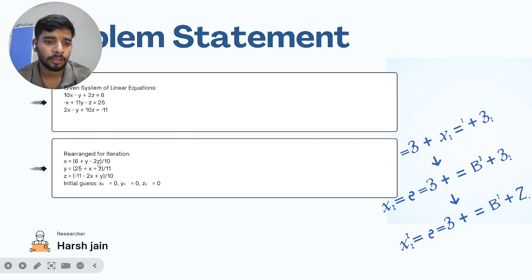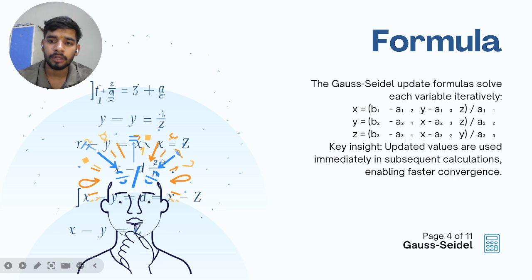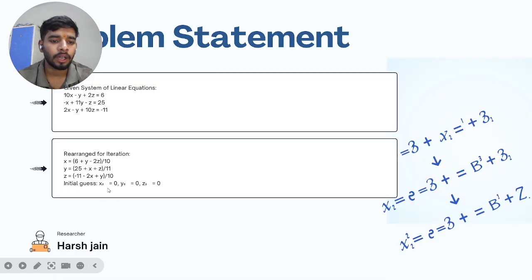So here we put the value of z. We will assume the values of x, y, z as an initial guess. Firstly, we put the values of this matrix into the formula as we have learned here. Now we take the initial guess: x0 equals 0, y0 equals 0, and z0 equals 0.